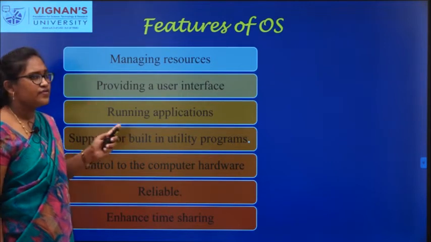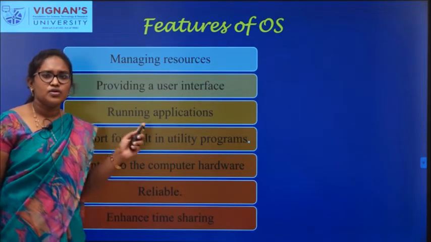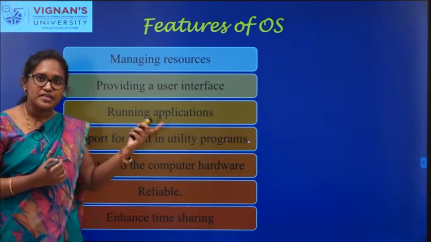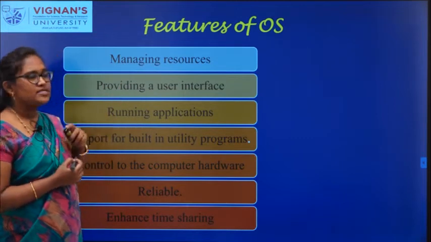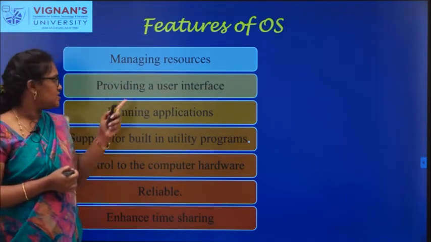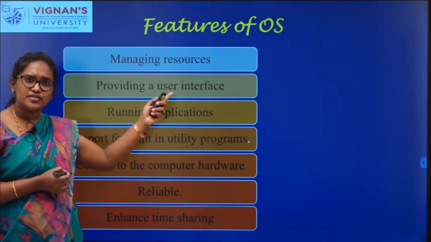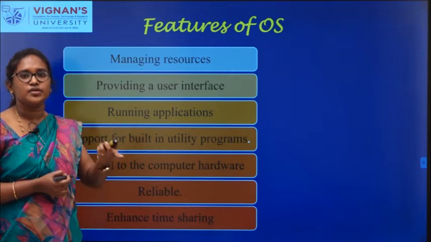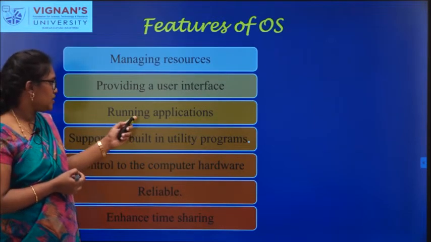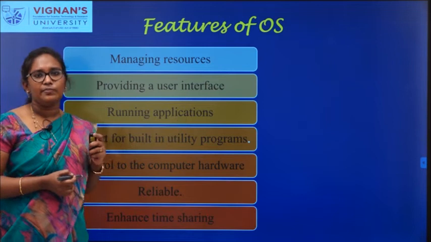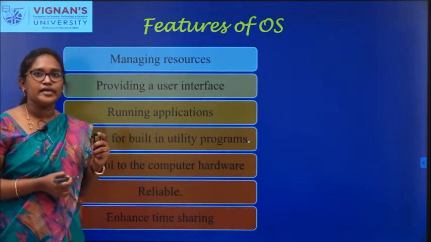In case of features of operating system, what this operating system is specialized for: first one is managing the resources, providing a user interface. User interface means nothing but communication between user and a computer. Next one, running applications. What does running applications mean?